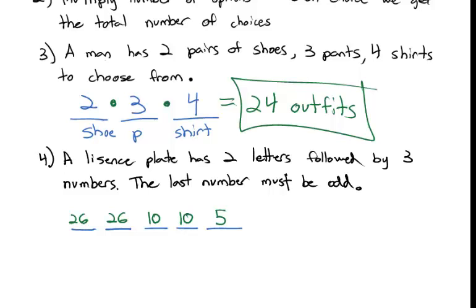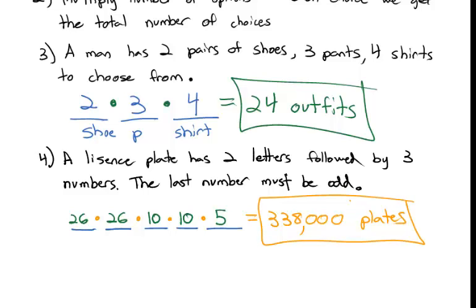To find out the total number of license plates, we just have to multiply these together. 26 times 26 times 10 times 10 times 5 gives us 338,000 different license plates that satisfy these requirements.